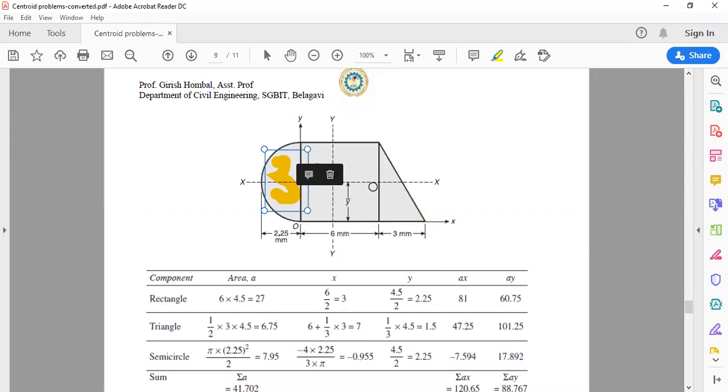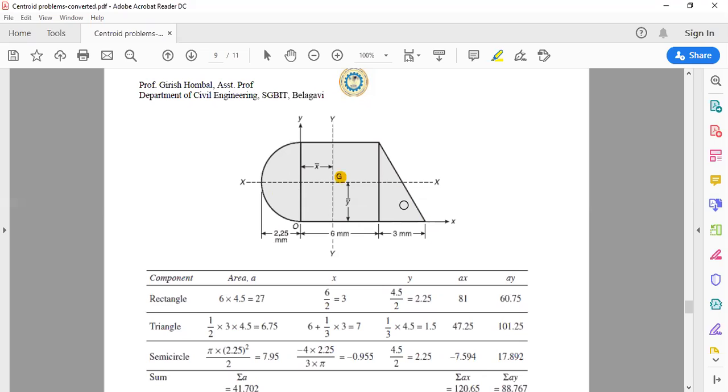Now, let us calculate the area and individual centroidal distances. But before that, soon after you divide the given figure into common geometrical figures, you are supposed to locate the individual centroids. For the first diagram, the rectangle, the centroid lies somewhere at this point.